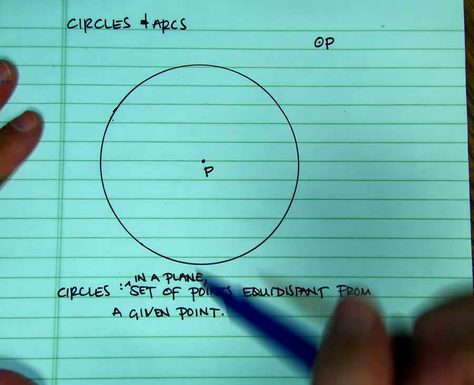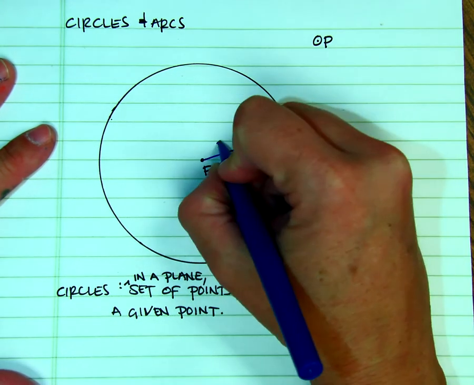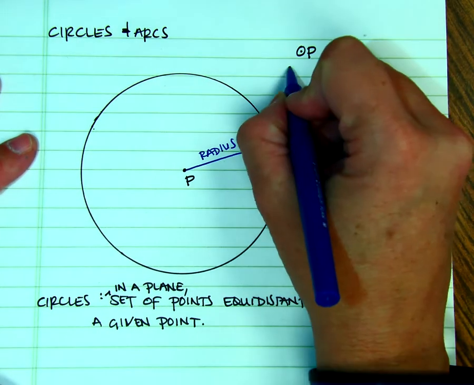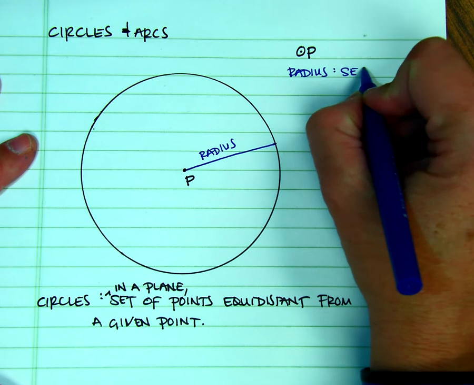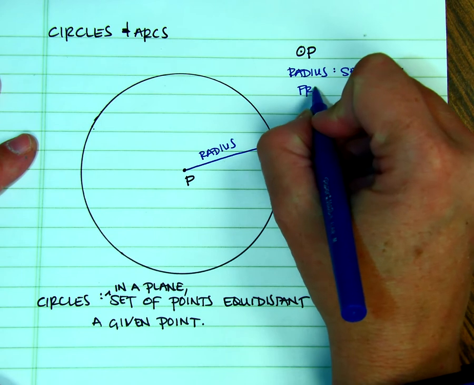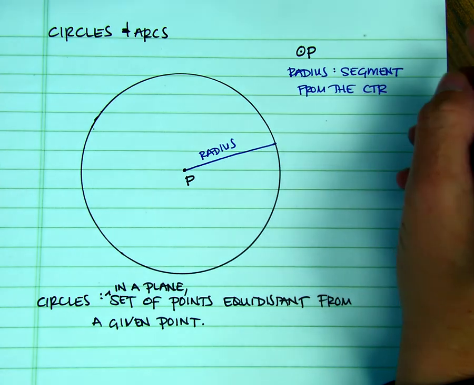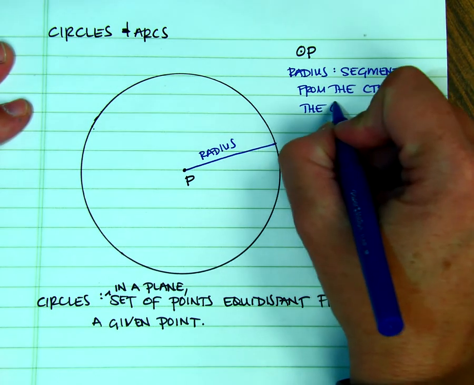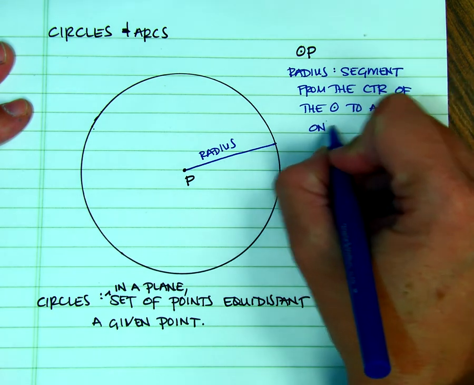So we have this piece, which is called a radius, and the radius is a segment from the center (I'm going to abbreviate center, CTR) of the circle to a point on the circle.